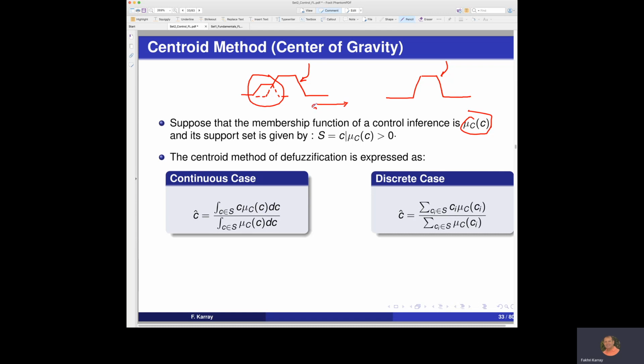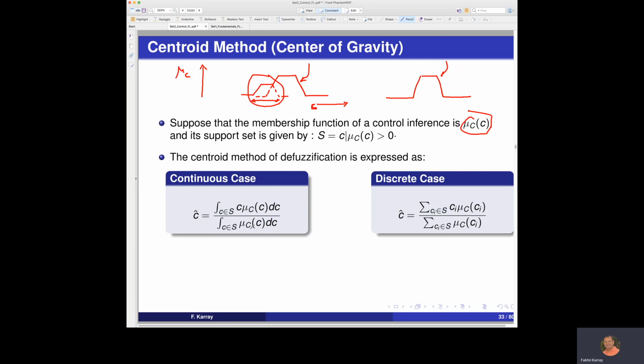So this is the variable C, and this is the mu C. So what we have here is a variable for the first one here, okay? So this is the C. So we are integrating this trapezoidal format over this particular C.